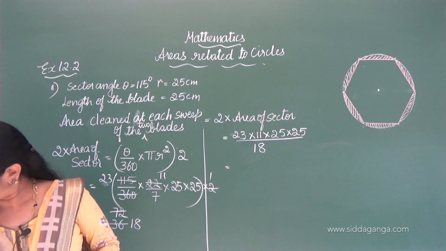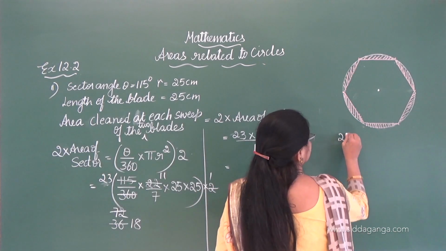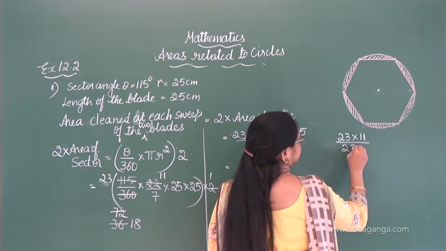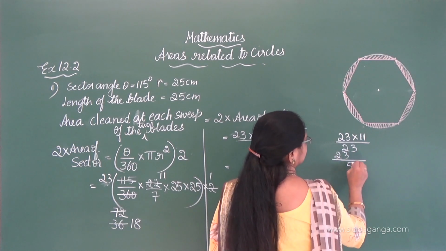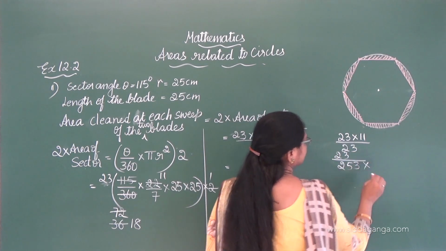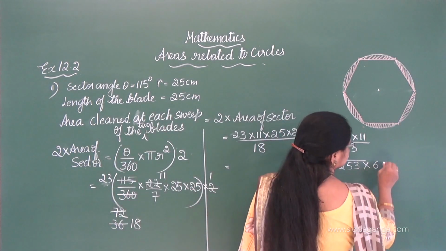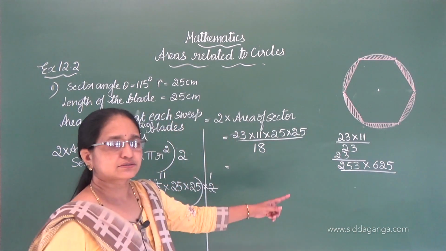Now you all know 25 into 25 plus 23 into 11, we will find out 23, 3, 5, 2. So 25 into 25, you all know square 625. So let us try to do this.